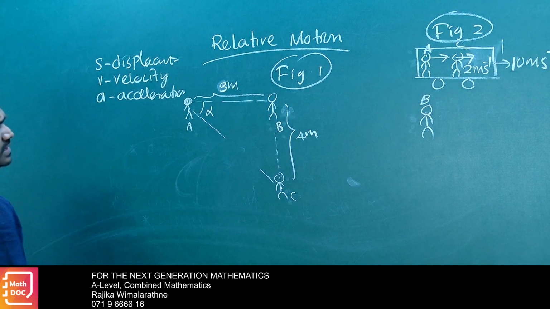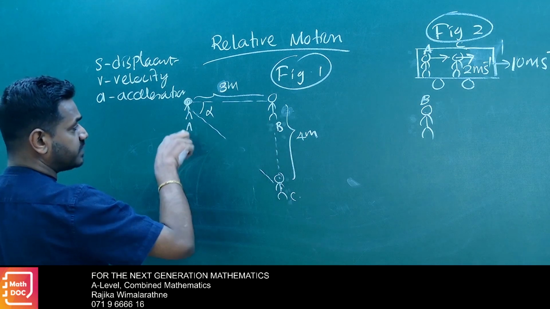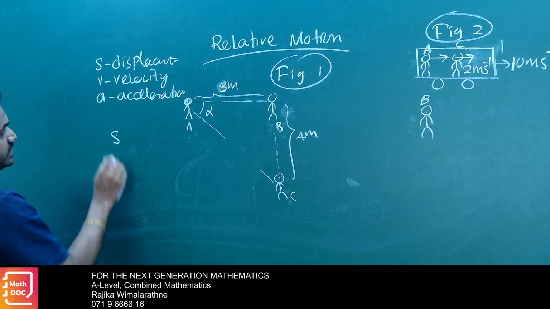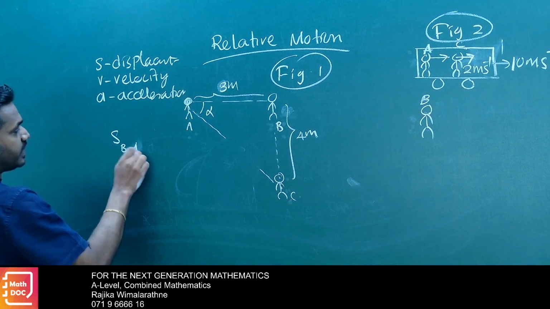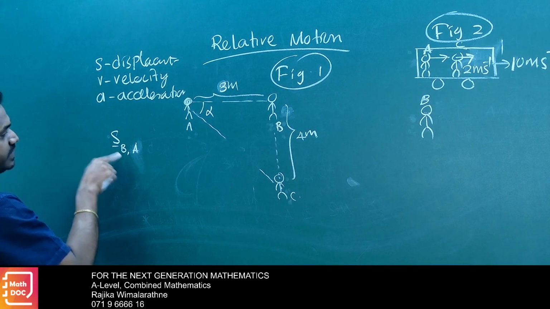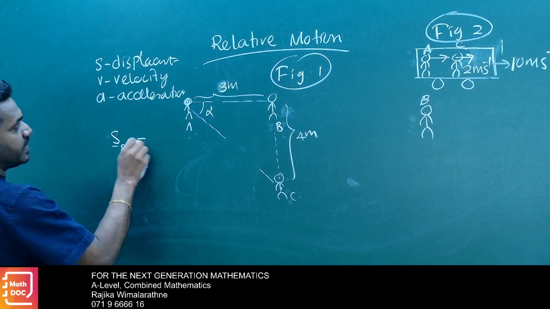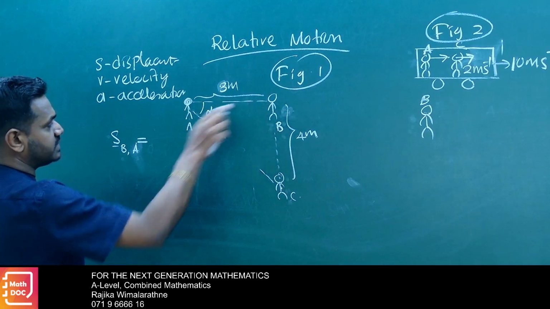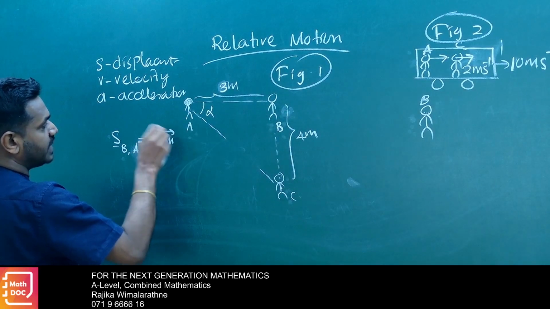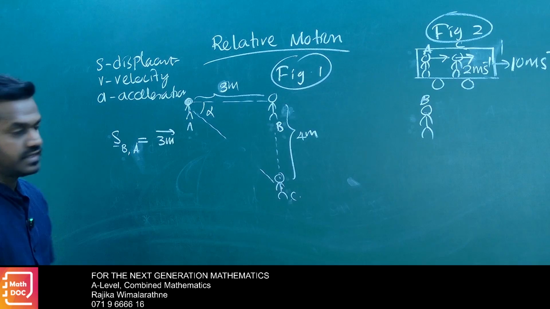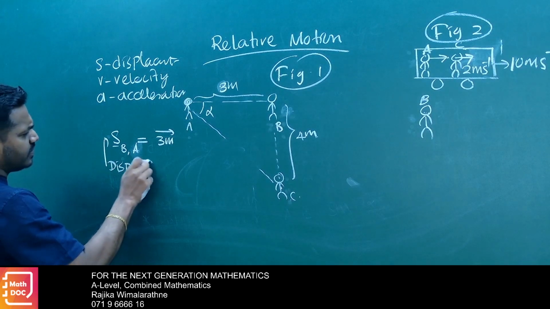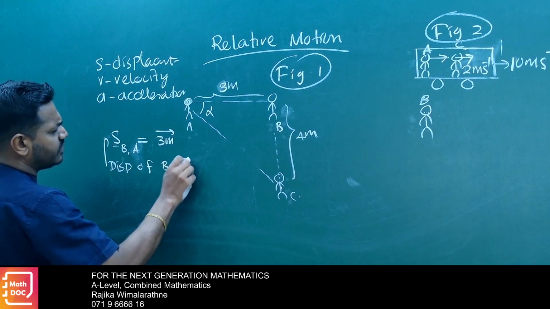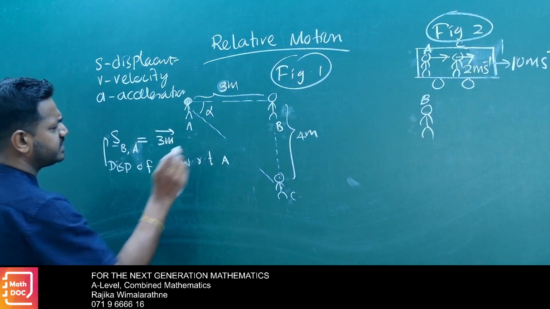Displacement of B with respect to A we can represent like this. So that is 3 meters this way.